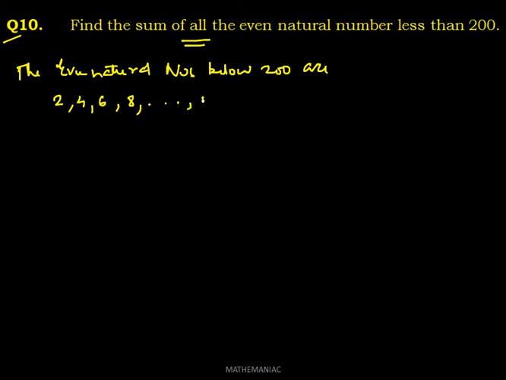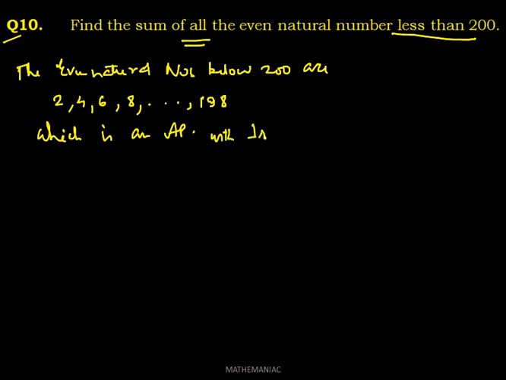Which one is the last? It is 198. Why 198? Because it is told less than. If they had told it as not less than 200, then you could have included 200 here, right?